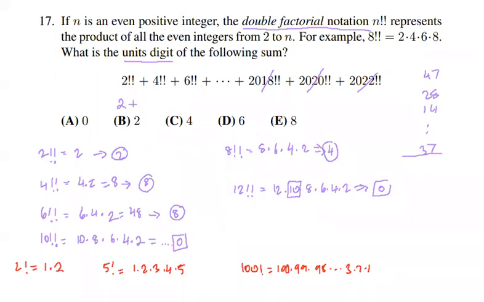So the only thing we need to take into consideration is the first numbers: 2 double factorial is 2, 4 double factorial is 8, 6 double factorial is also 8, 8 double factorial is 4, and 10 is 0, and 12 is 0, and everything else is just 0.